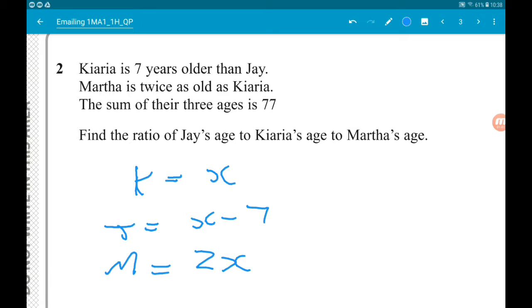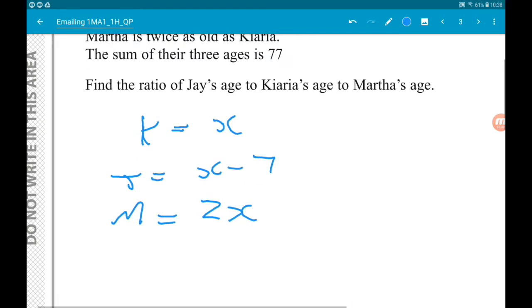Now, if we add them all together, we get x add 2x, so that's 4x. And then we have the minus 7. Now we also know that the sum of their ages is 77, so we know that 4x minus 7 is 77.